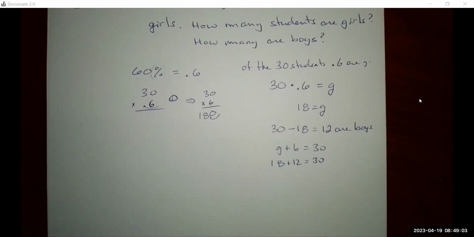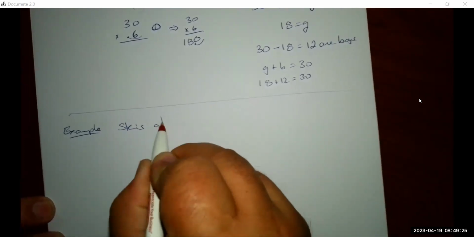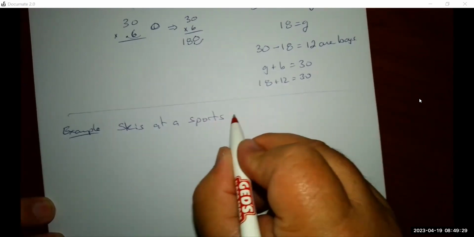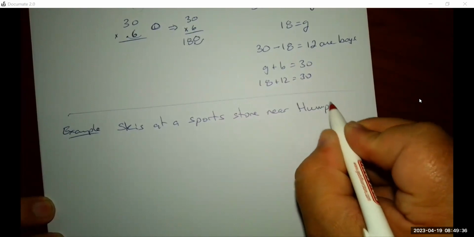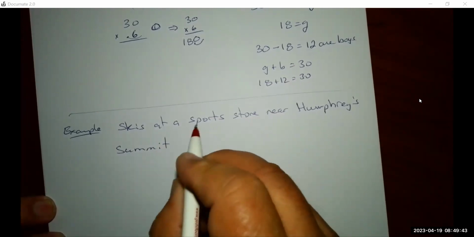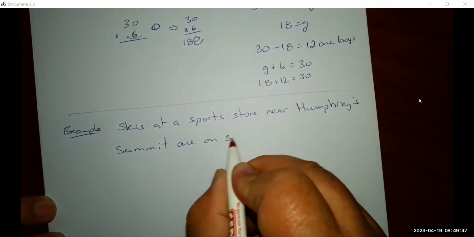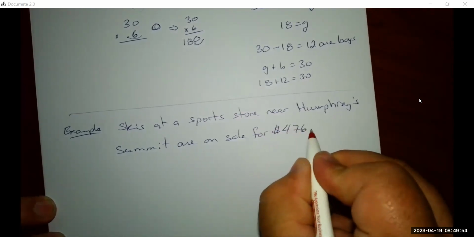All right. Okay, here's another one. Skis at a sports store near Humphreys Summit are on sale for $476.